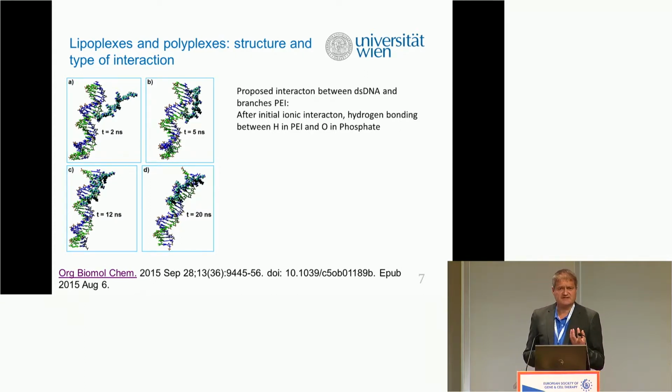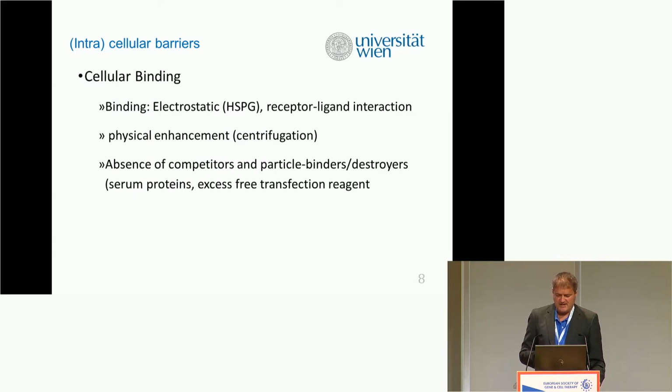So this is how these particles form, and it happens pretty much spontaneously, and you can control it also with the salt concentration, for example, that you have in your mixing buffer, or with the molar ratio between the polycation and the DNA. Then you have your particles.